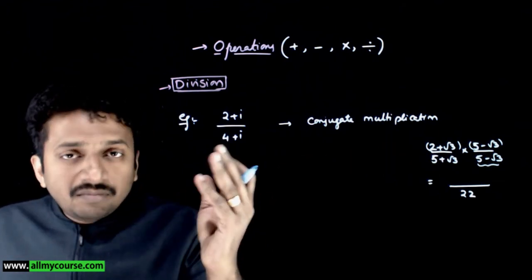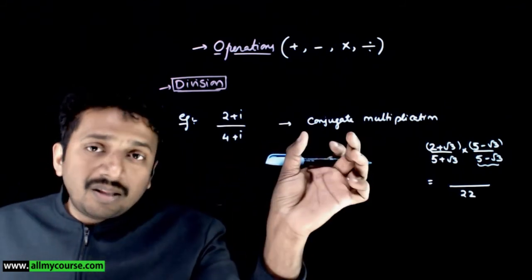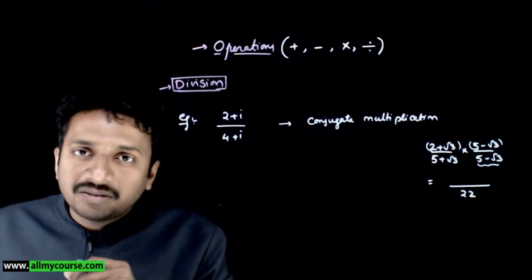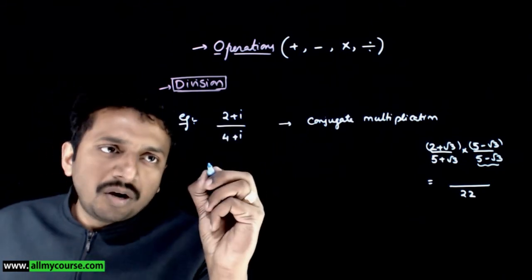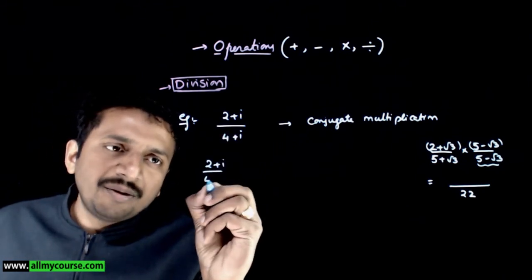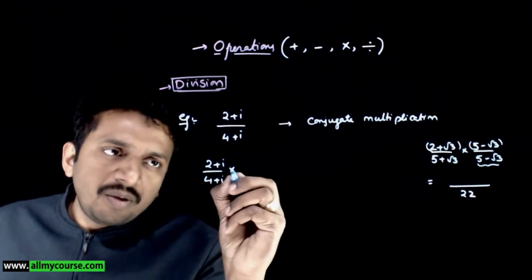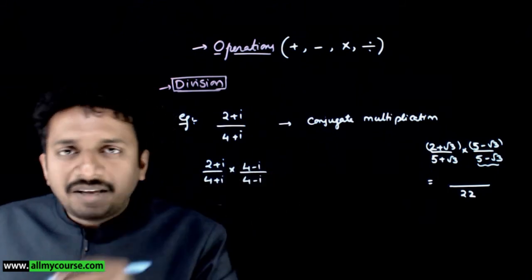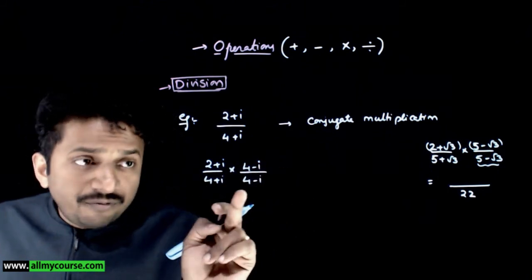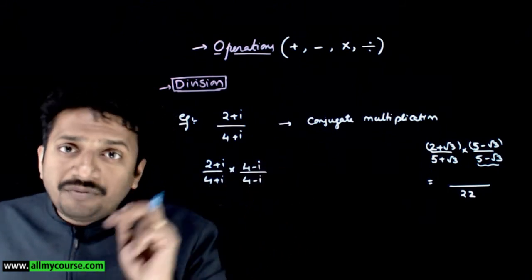Here we apply a similar process, but in complex numbers it is called conjugate multiplication. We don't call it a rationalizing factor. So we take (2 plus i) by (4 plus i), and we multiply and divide this with 4 minus i. This 4 minus i is called the conjugate of 4 plus i.